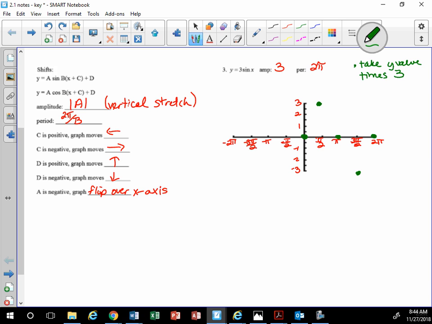All right, and then you can follow the pattern on the left. It's going to repeat. You can look at your parent graph and think about multiplying however you want to get those dots on the left. I know this one's going to be down, middle, top, middle. So I graph it.